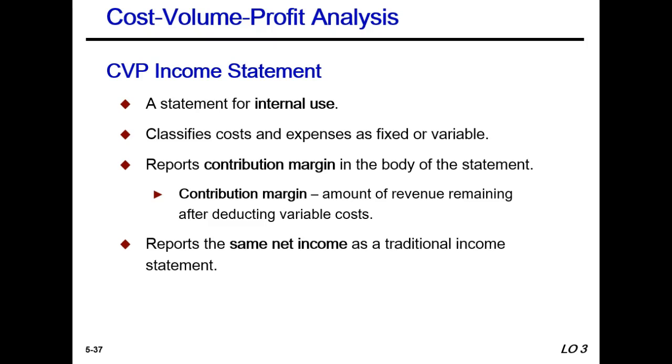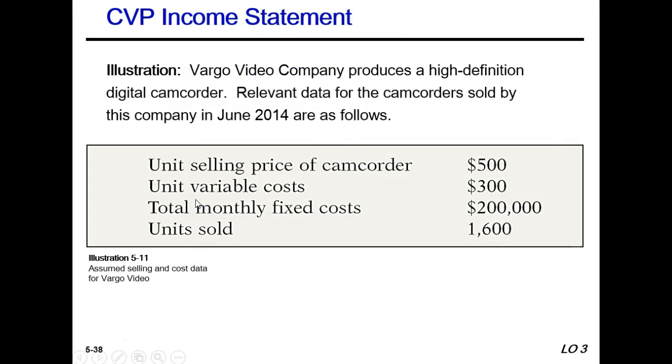It reports a contribution margin in the financial statement: the amount of revenue remaining after deducting variable costs. Basically that allows us to see, after we subtract those variable costs, how much is available for fixed costs. Here you see it.